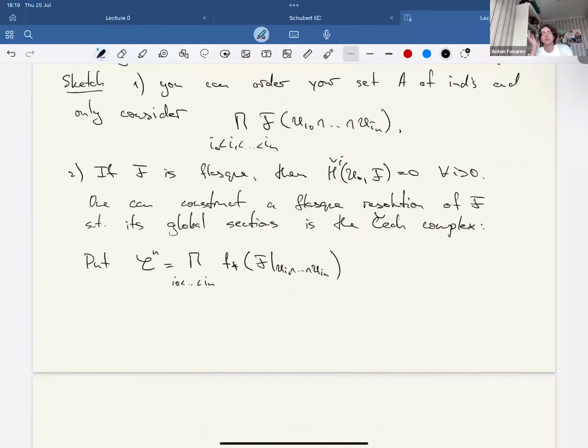So we restrict our sheaf first to the corresponding open subset, and then we take the push forward under this restriction.